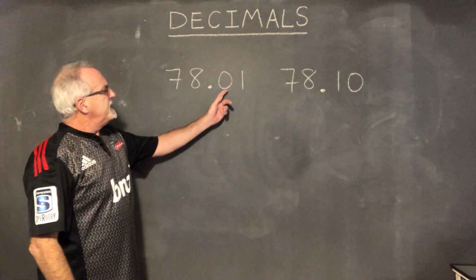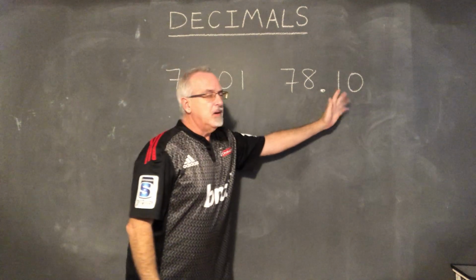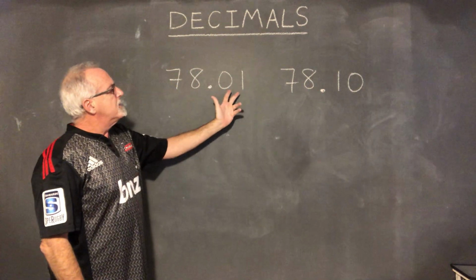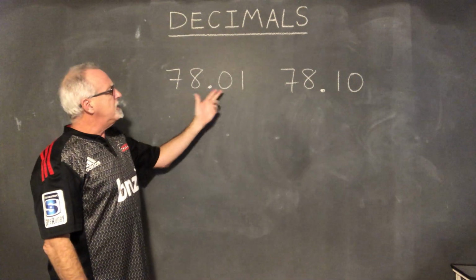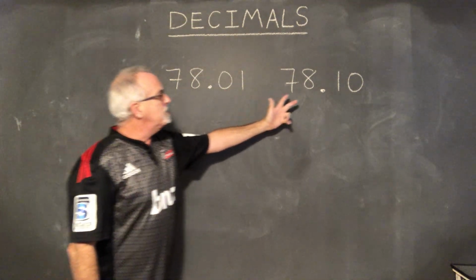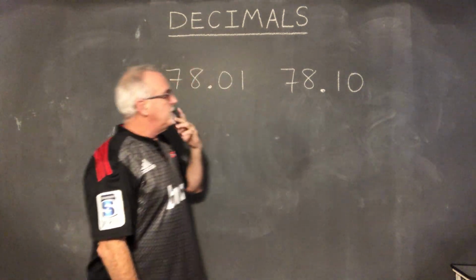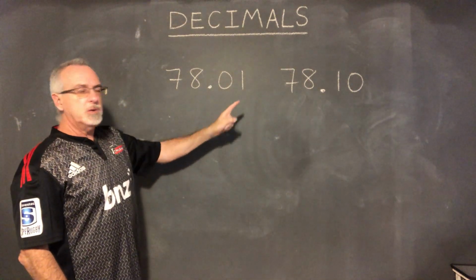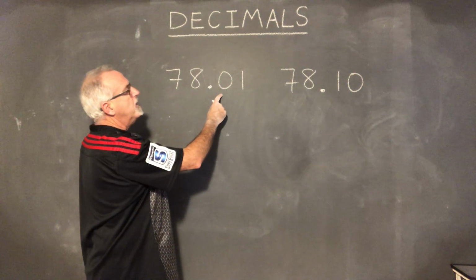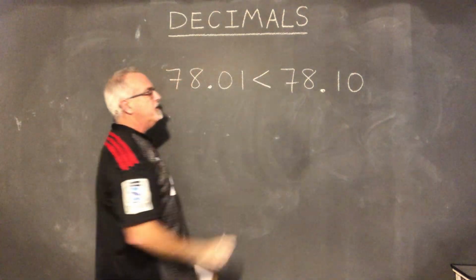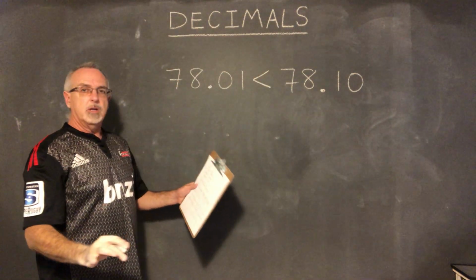Huh. 01 and 10, almost the same number, not quite. So this is in money, this would be $78.01, and this would be $78.10. Okay, so we can see which one is greater, which one is less, and 78.01 is less than 78.10. I managed to choose the correct symbol.